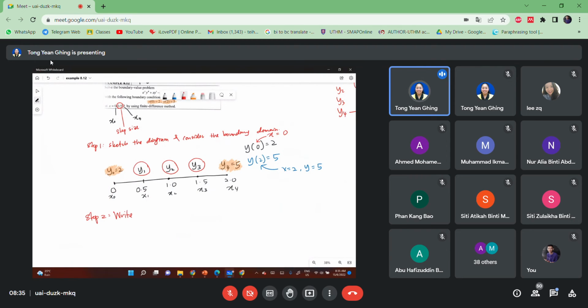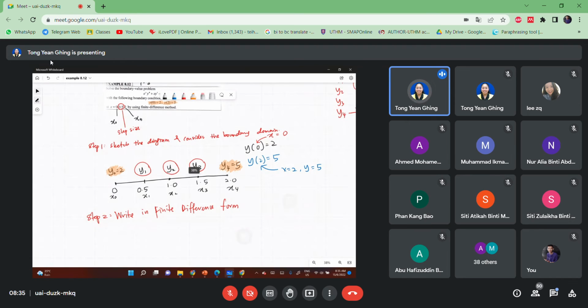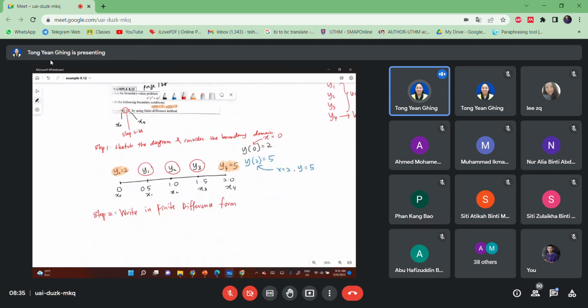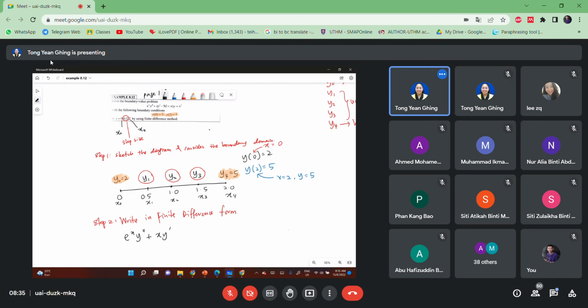Right, we write in the finite difference form. From the equation given just now, minus 5(1 plus x) times y equal to x power of 3.